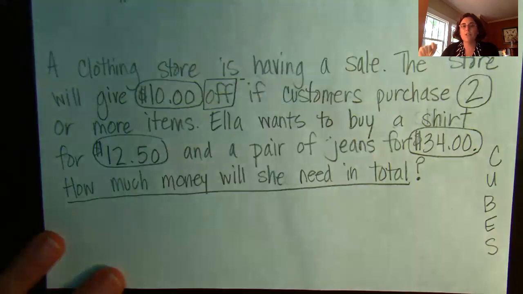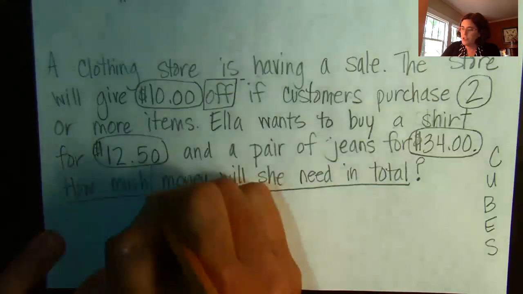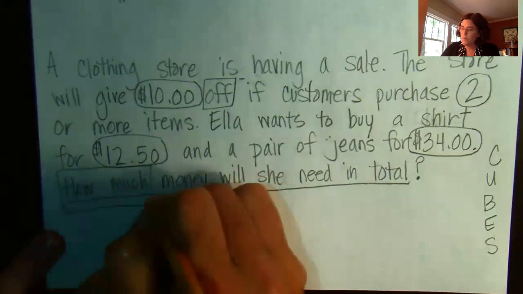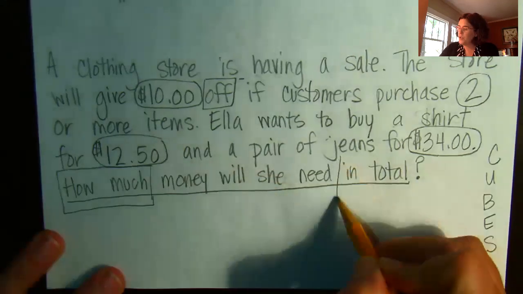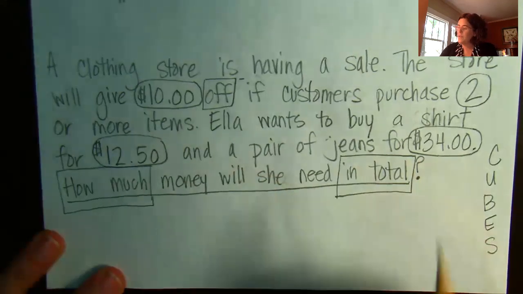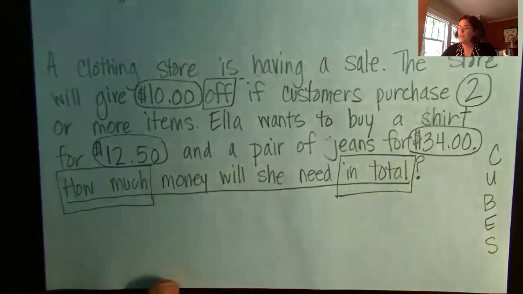All right, so Ella wants to buy a shirt for $12.50 and a pair of jeans for $34. How much in total? All right, let's see, is there anything else that I'm missing? Nope, I think I got it all.